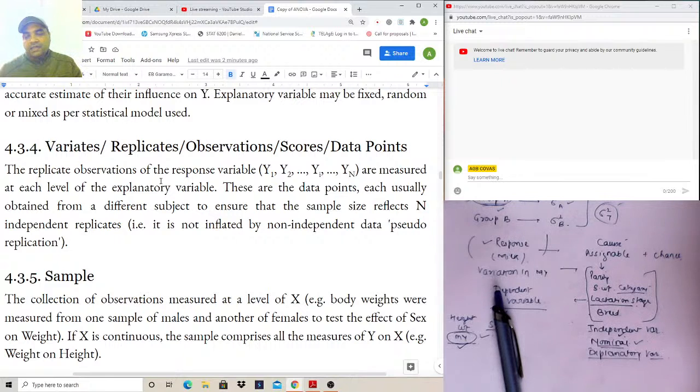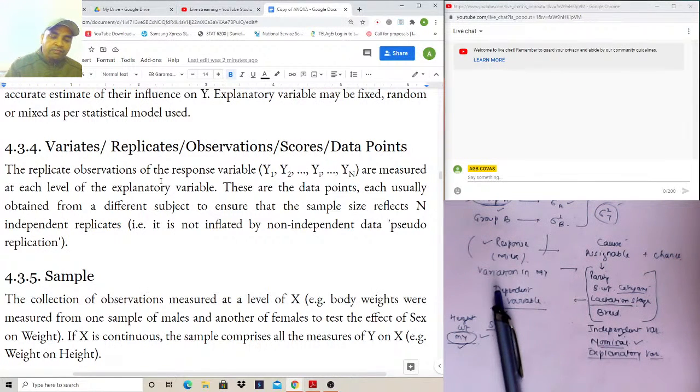That is, in first parity, there are 10 buffaloes. Those 10 constitute your replicate observations of the response variable, and they are measured at each level of the explanatory variable. That is, in first parity also you will calculate how much these 10 buffaloes will produce. Then for third parity you will see how much other 8 or 10 or 12 buffaloes will produce. Okay.